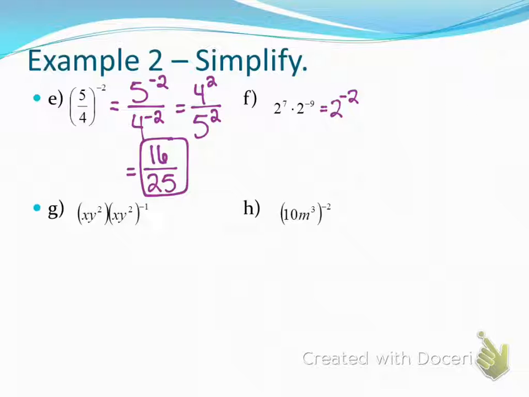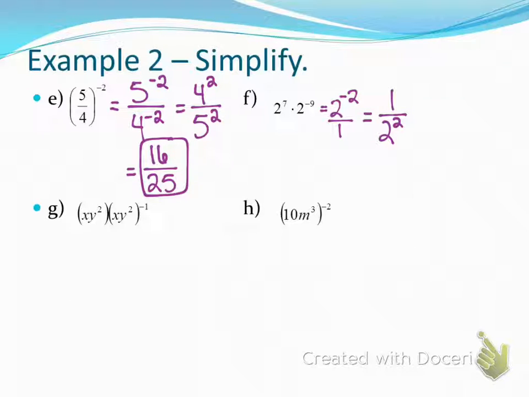Keep on going. We do not want negative exponents, which means that it needs to move. Where's it going to go? To the denominator. When it moves to the denominator, the exponent becomes positive. But what do I need to write in my numerator this time? A 1.